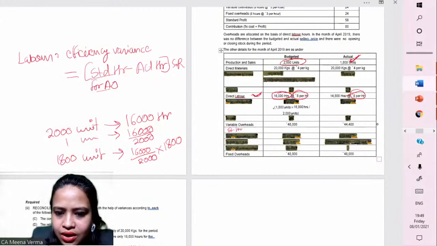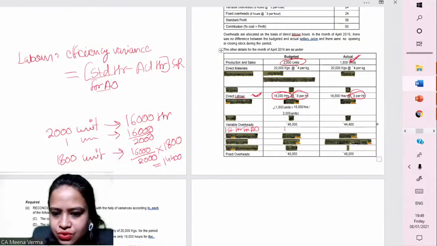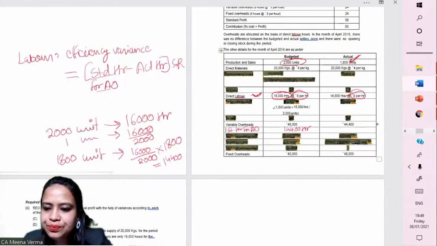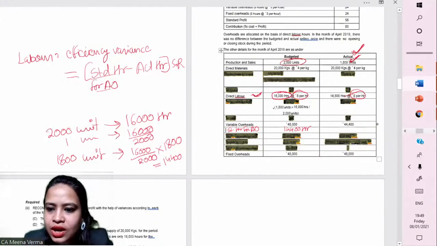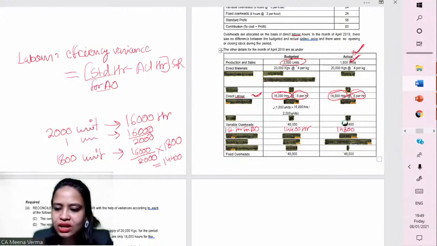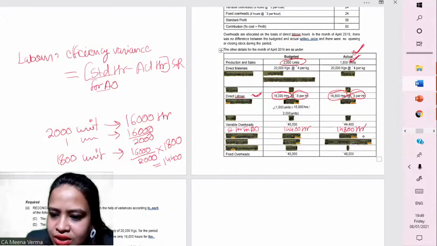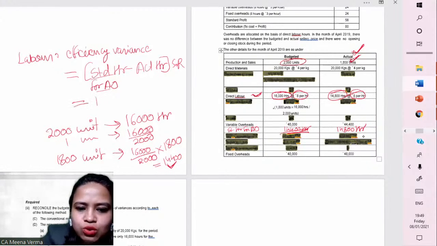Standard hour for actual output. If you will solve, this value will come as 14400. Right? So 14400 hours. Okay? Then what is the actual hour? This is the actual hour. 14800 is the actual hour. Okay? This is the actual hour. This is the standard hour for actual output.